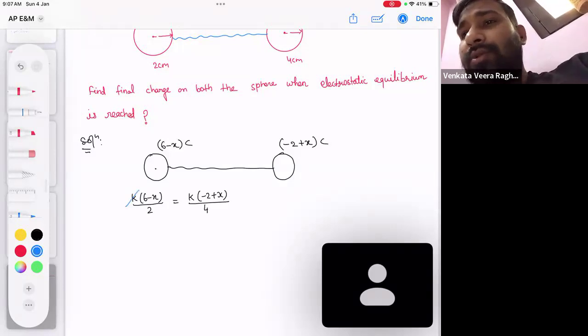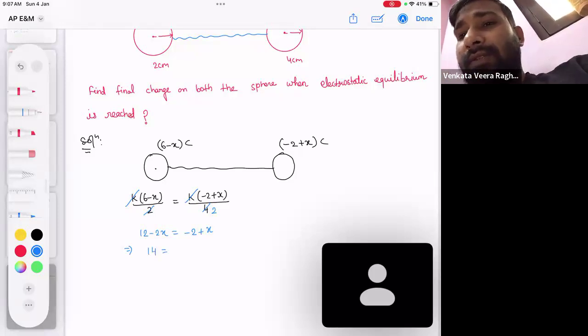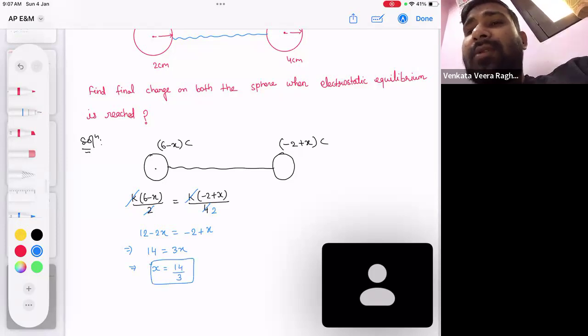K gets cancelled out. 2 into 6, 12 minus 2x equals minus 2 plus x. So 12 minus of minus 2 is 14, and x plus 2x is 3x. So what is the value of x we are getting? x is 14 by 3.